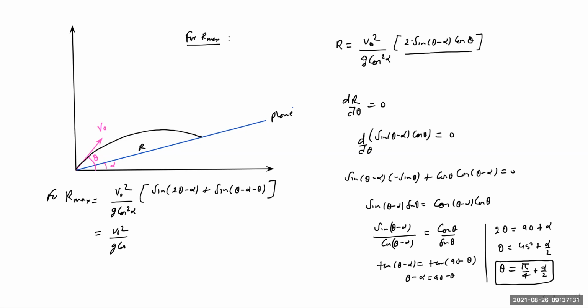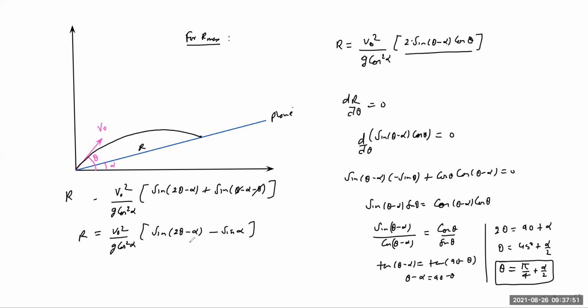Oh, let me not write R max, this is R actually. R max we have to find actually. So we can write R as sine 2 theta minus alpha minus sine alpha, because theta will cancel out and sine of minus alpha will be minus sine alpha.